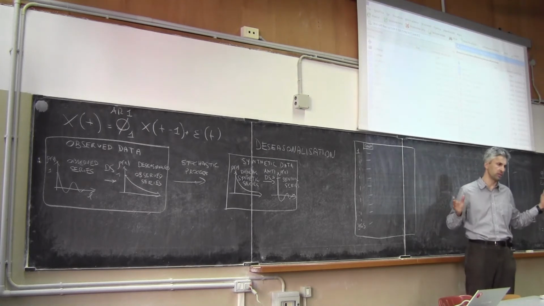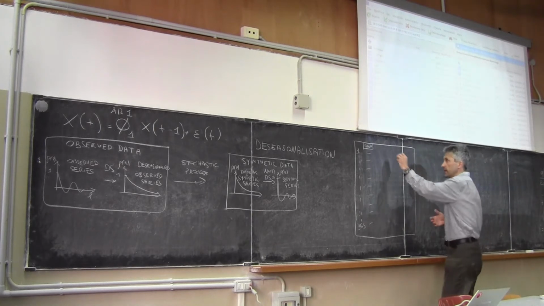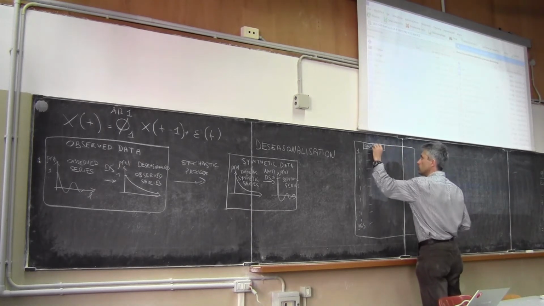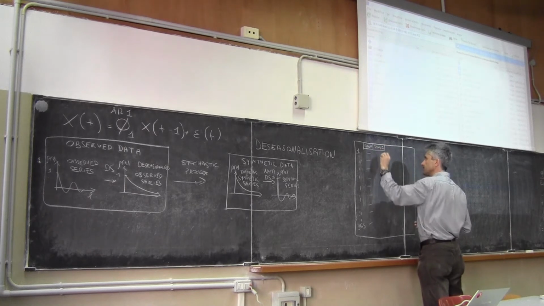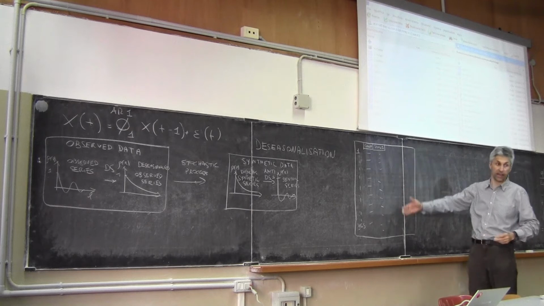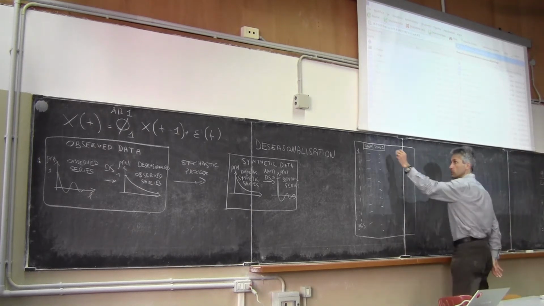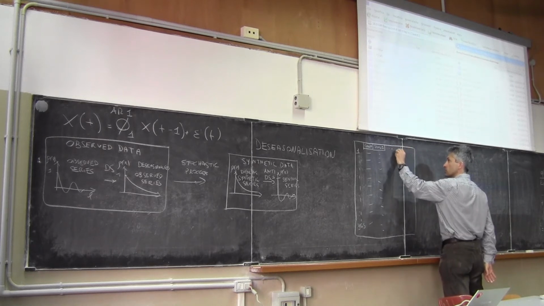So usually I remove it, because from a practical point of view, it's not really important. And then you have the column of 2001, again, and then you have as many columns as the number of years of your time series. So you may end up, for instance, at 2012.